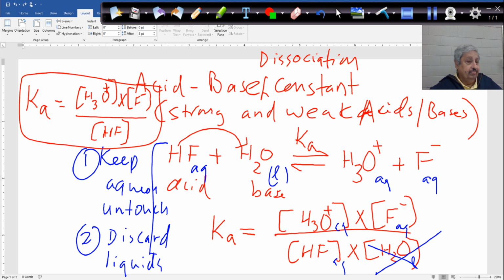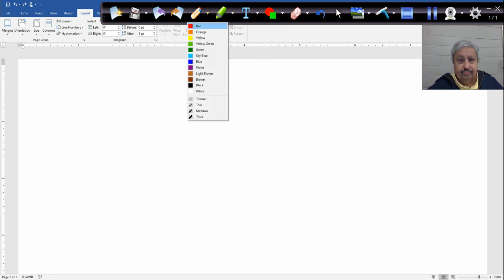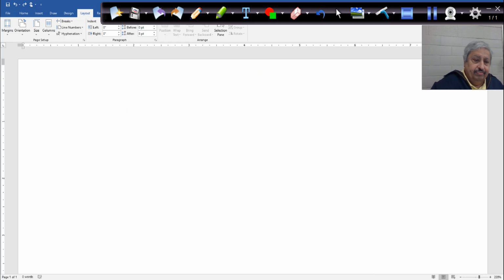Okay, guys? Now we can do the same thing for a base. This was a weak acid, so it has a double arrow. We'll talk about weak acids first. Let's finish the base. I'm taking this one out, and I have a base.